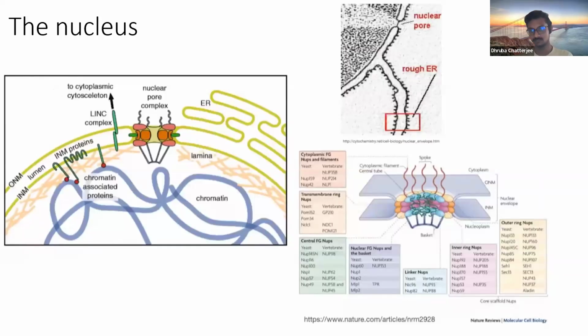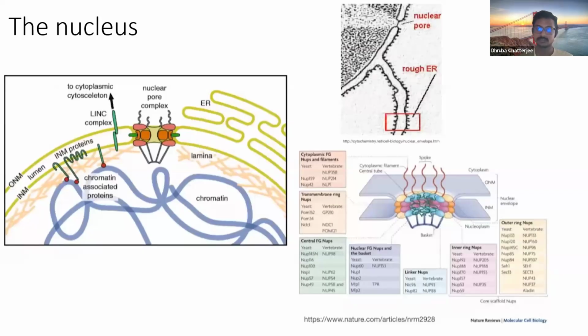Those chromatin regions which have genes that are not so highly expressed, that is, which are transcribed at lower levels, mostly form a state of chromatin which is called heterochromatin, which is quite tightly packed with the nucleosomes, and they are primarily anchored towards the periphery of the nucleus, that is, to the inner nuclear membrane.